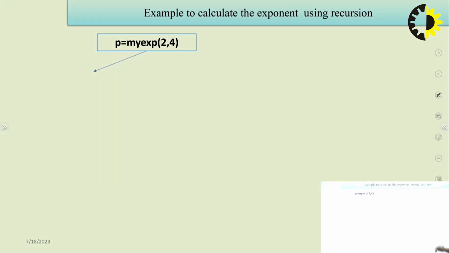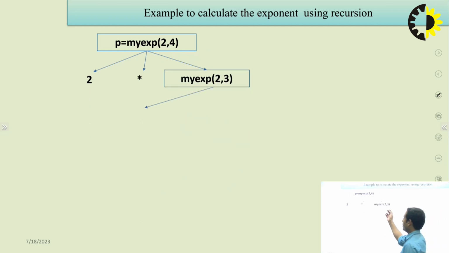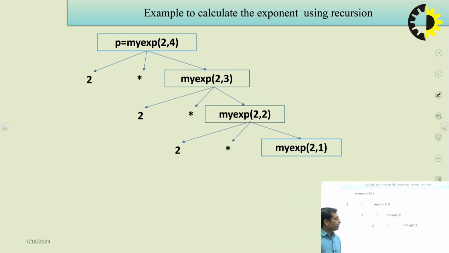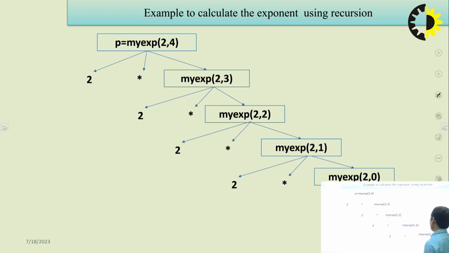Now we will see in the slide myexp 2 power 4 in the same manner. Just see here, 2 into exp 3, again a function call, a new call will be generated, 2 into myexp, and b is decreasing. Now we reach the base case, our base case was b equal 0.